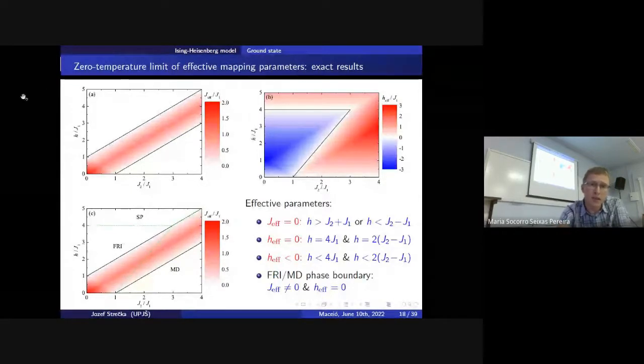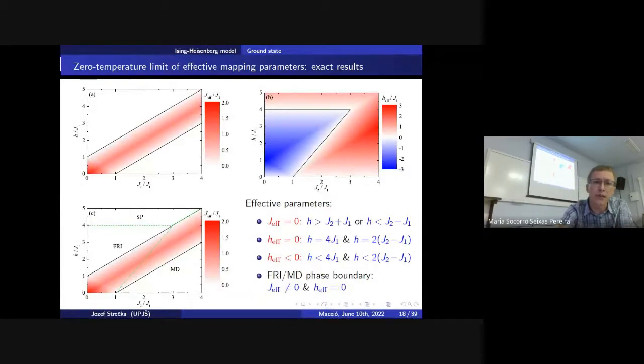So to understand better what happened, let us show how the effective coupling and effective field behave in the limit of zero temperature in the same plane. The first figure, panel A, shows in the same plane J2 over J1 with respect to field, the effective coupling in multiples of coupling J1, and one can see that it is non-zero just within this stripe.